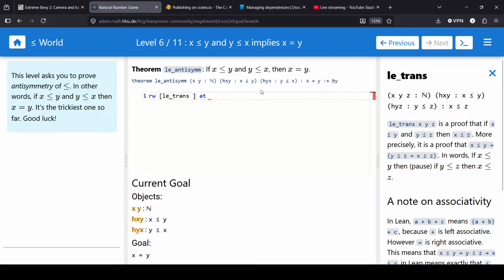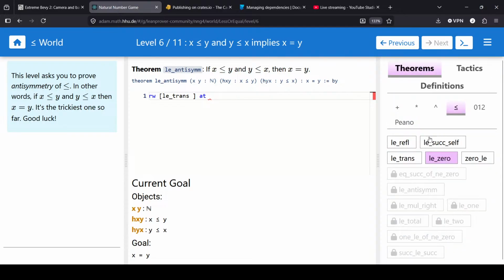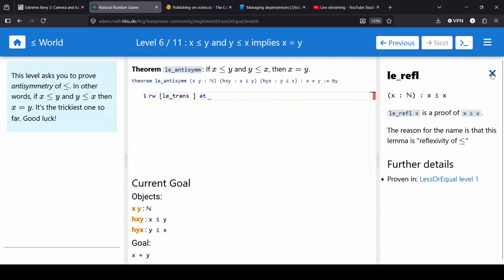I feel like I just want to use it. This is the trickiest one. Ooh, okay. I feel like I need to use this, though. Because then I could just have x less than or equal to x, which then I can prove with this, right?